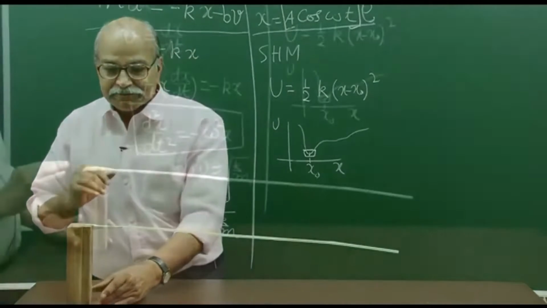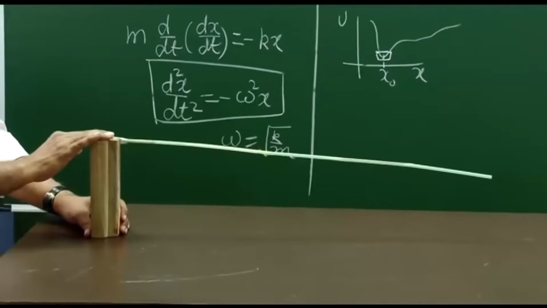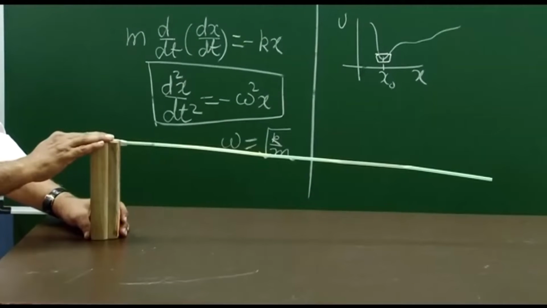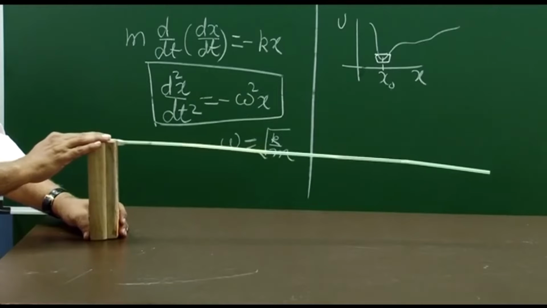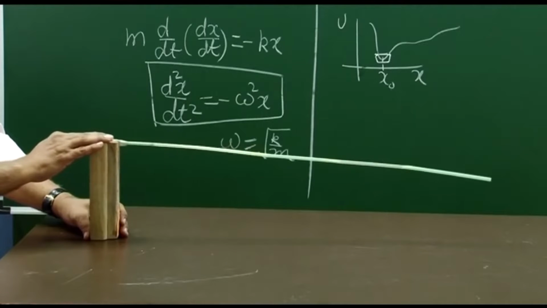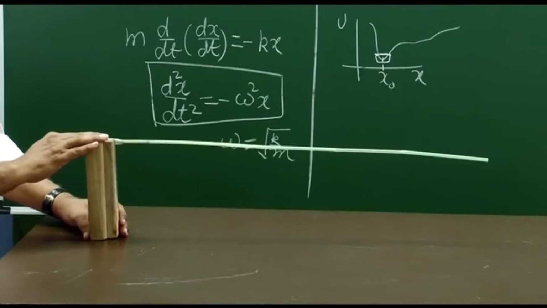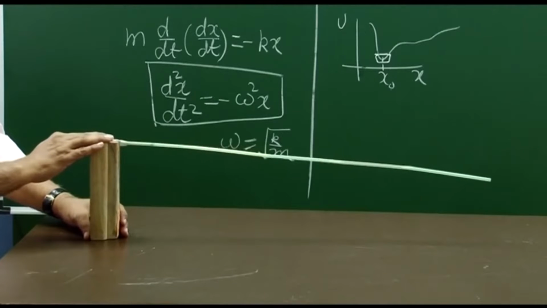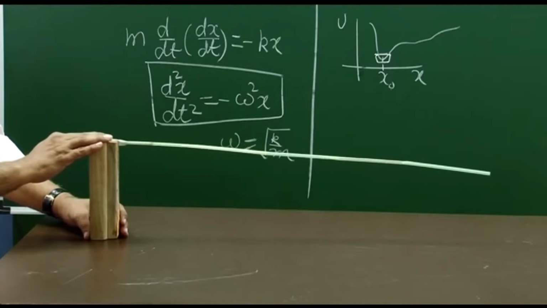So, watch it. Look at my fingers and look at the straw. I am going up, I am going down, I am going up, I am going down at a very low frequency, and this straw is also going up and down.